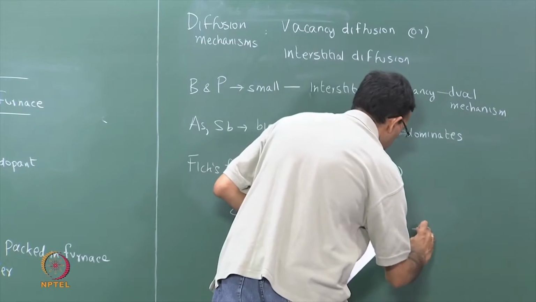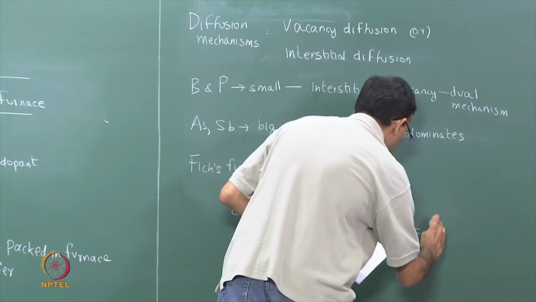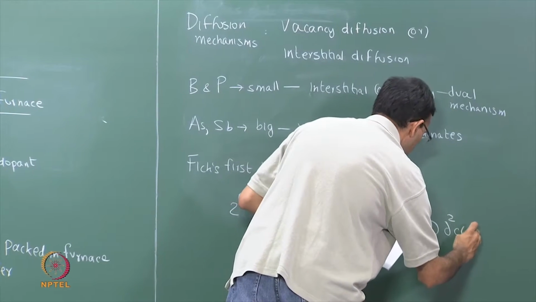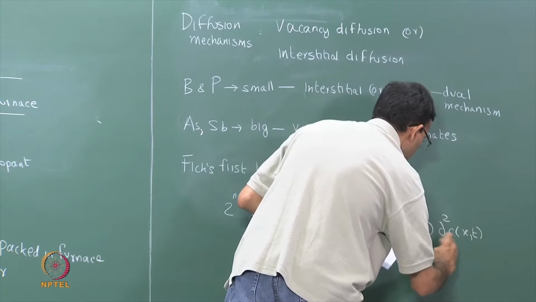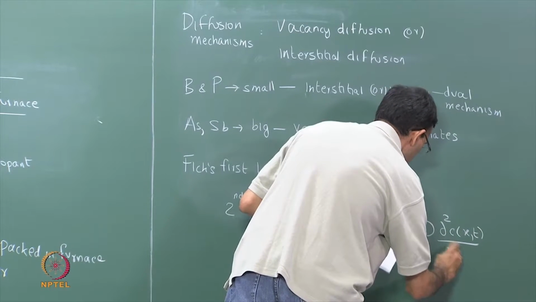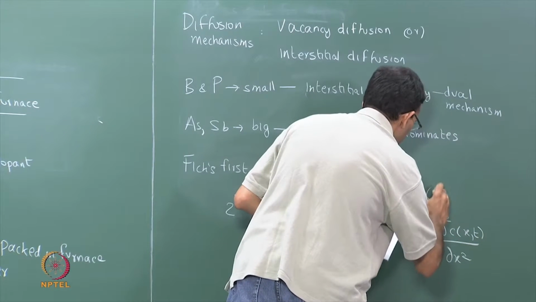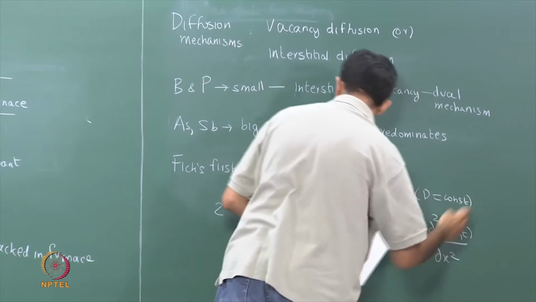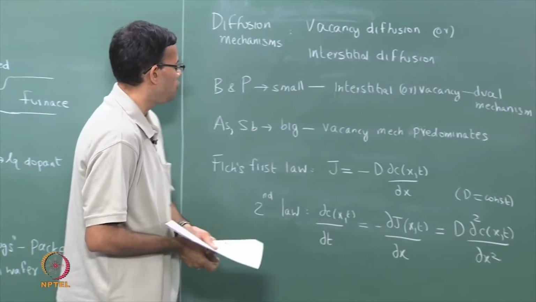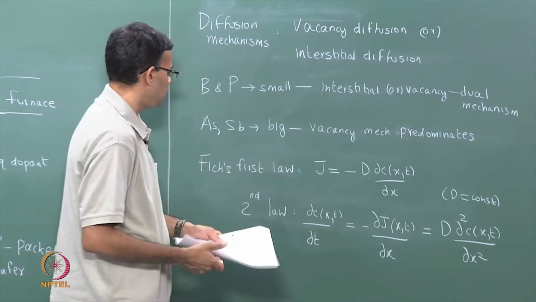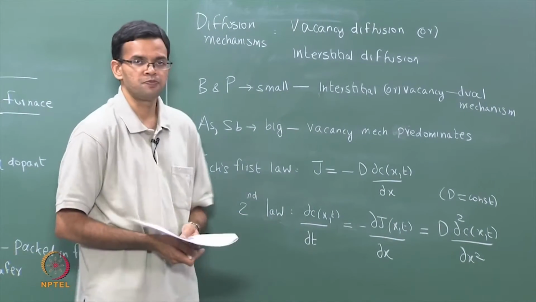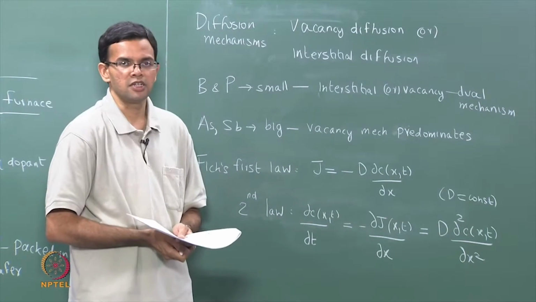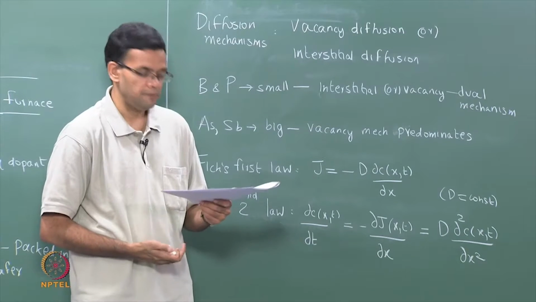If D is assumed to be a constant, so we have the two Fick's laws, the first law and the second law, and these can be used to get C as a function of both x and t.